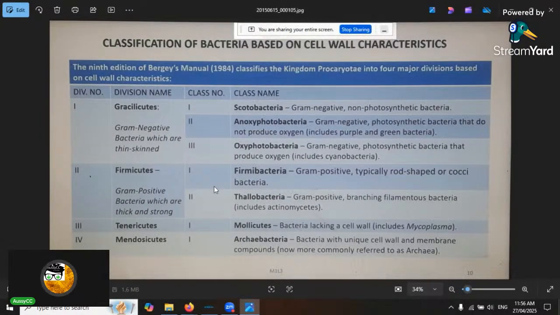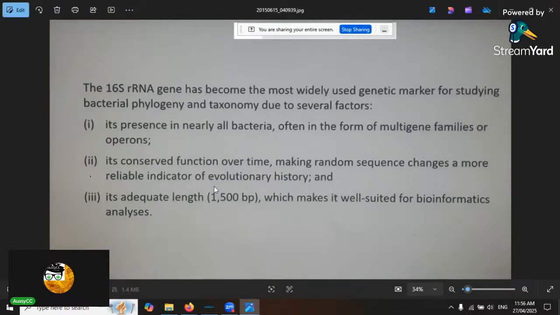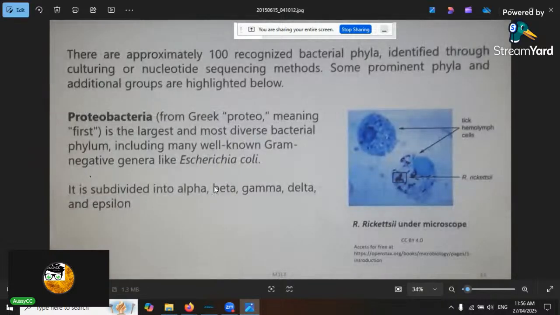Classification of bacteria based on cell wall characteristics. It was one of those questions on DNA denaturing. 16S. Proteobacteria. Firmicutes.